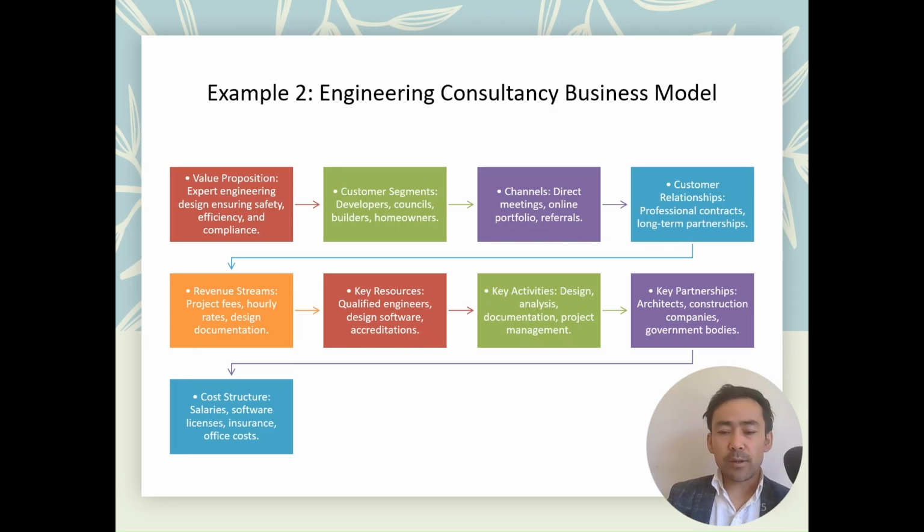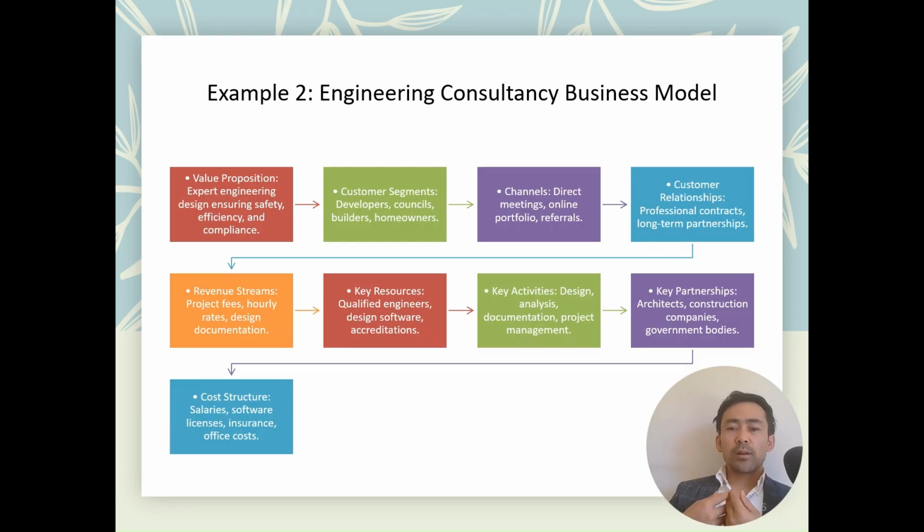The customer segments of an engineering firm could be developers, councils, homeowners, or builders. The channels that an engineering firm uses in order to deliver their service could be direct meetings, face-to-face meetings in an office, or online meetings. It also can be an online portfolio or referrals.